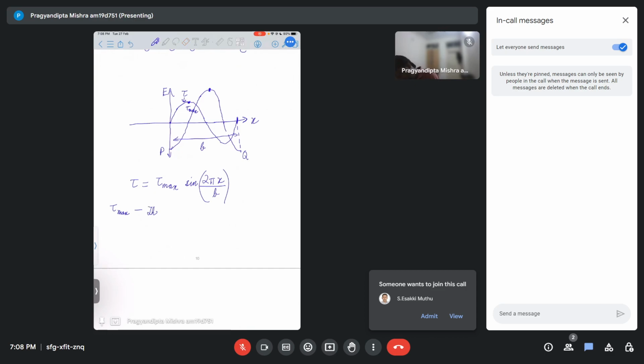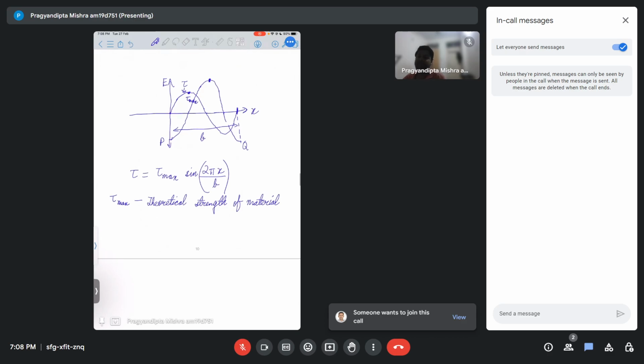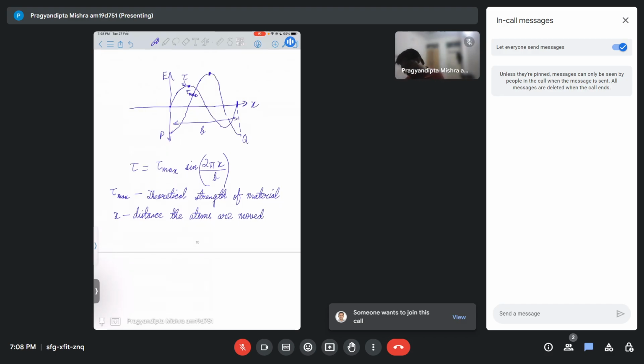Theoretical strength. Okay, x is the distance the atoms are moved. Okay, b is the distance between the equilibrium positions.